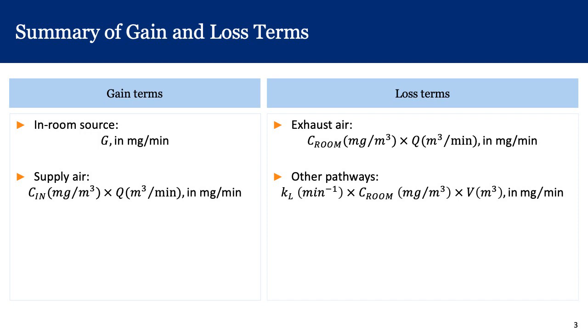These are all combined into one loss rate, which is denoted by Ks of L in units of inverse minutes. If you multiply that by the room concentration C room and the volume of the room, you again end up with a term which has units of milligrams per minute.